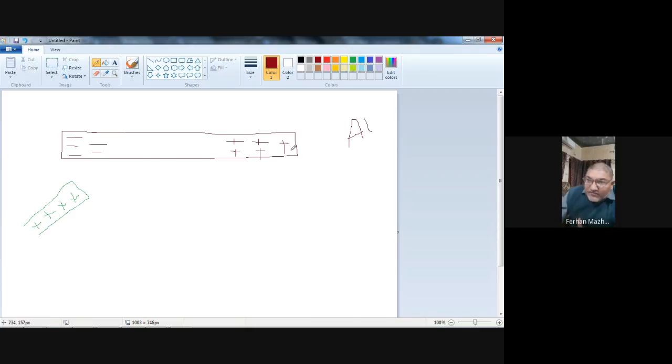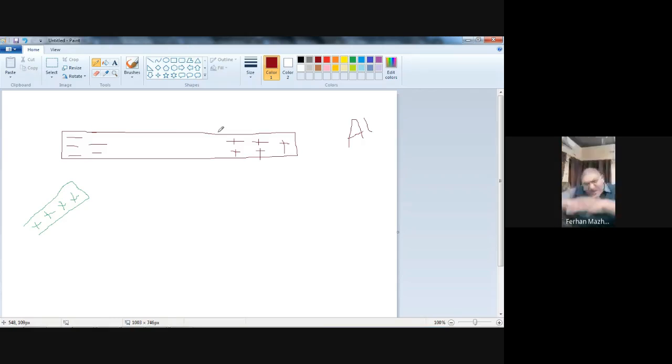Because the free electrons have moved here, a deficiency of free electrons is created on the other end. So the left end of the aluminum will become negative and the right end will become positive.